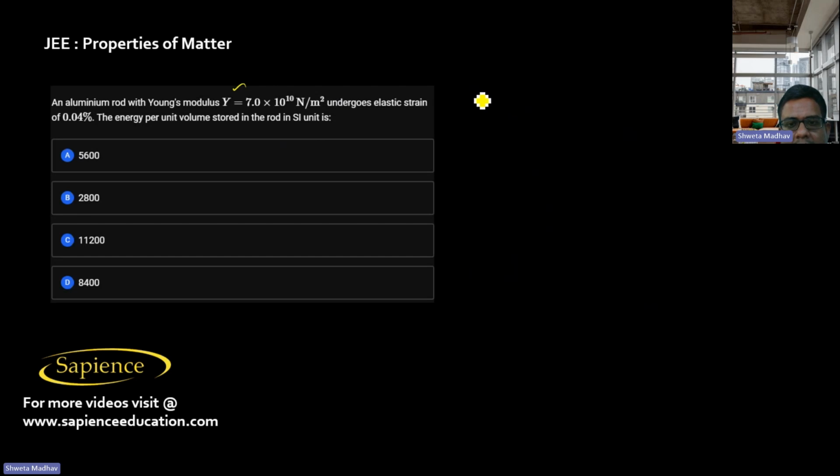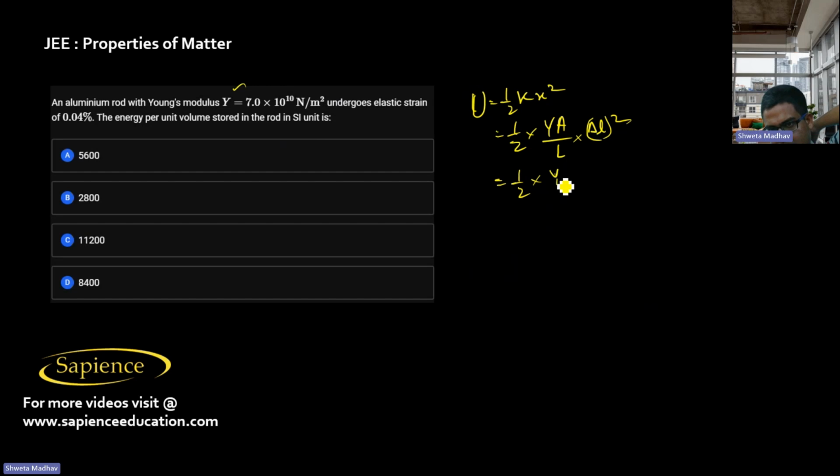We know that the energy stored is equal to half k x square. Now k is equal to Y A by L and x is delta L, whole square. So we can write half into Y A L into (delta L by L) whole square. Therefore, energy per unit volume is half into Young's modulus into strain square.